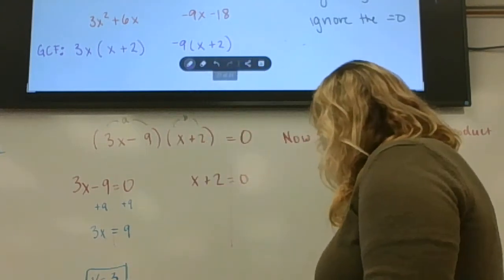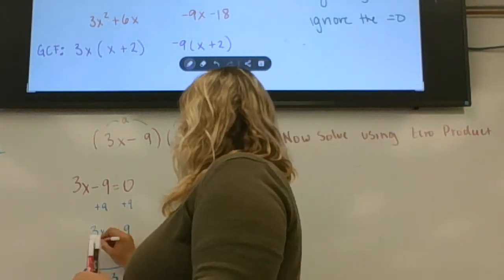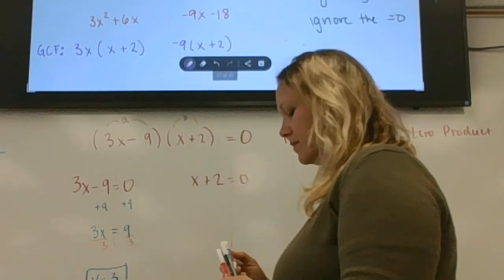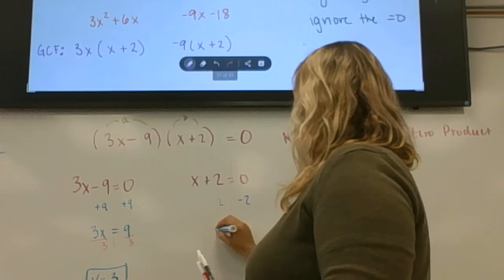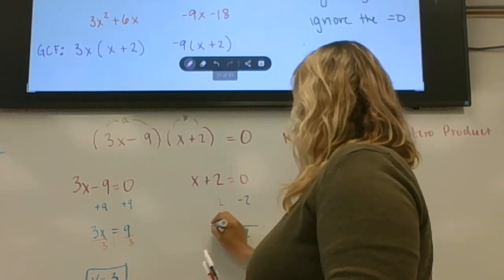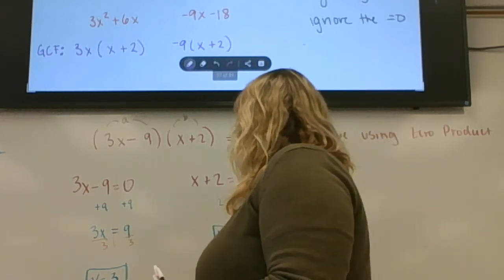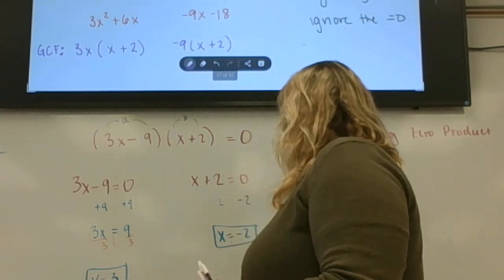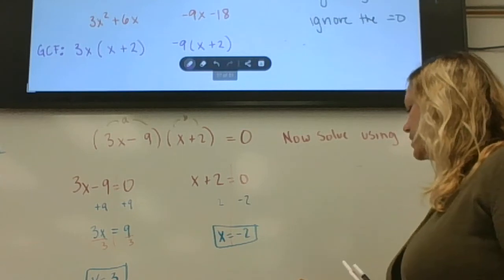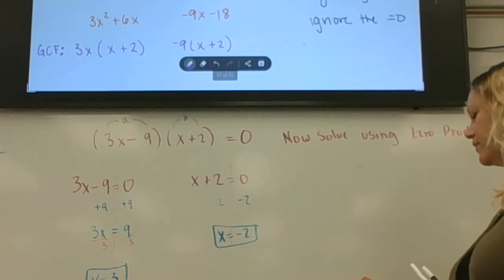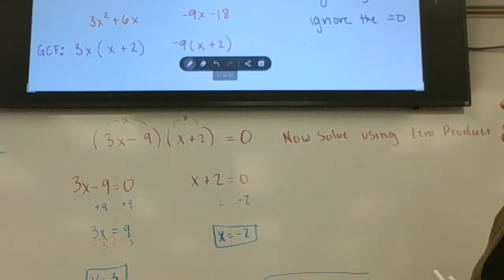X equals negative. So this equation has two solutions, either 3 or negative 2.